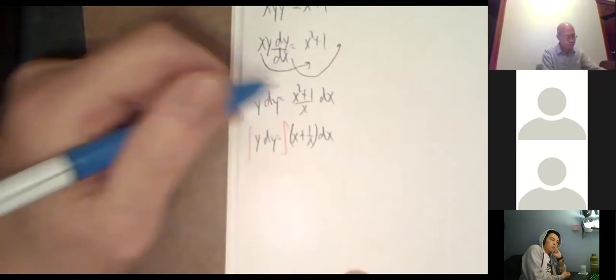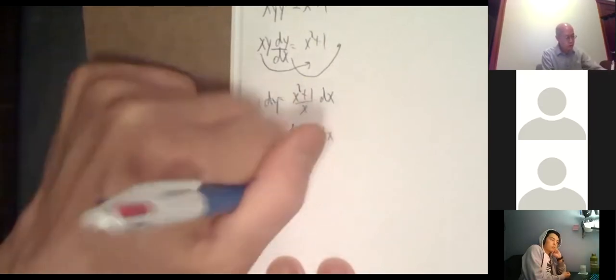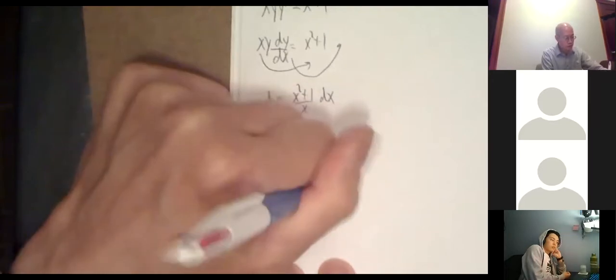Now you can integrate. So y squared over 2 equals x squared over 2 plus ln absolute x plus c.